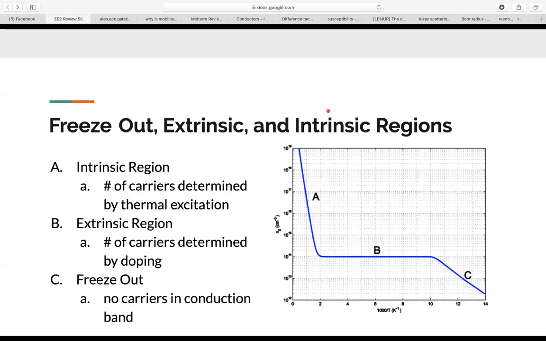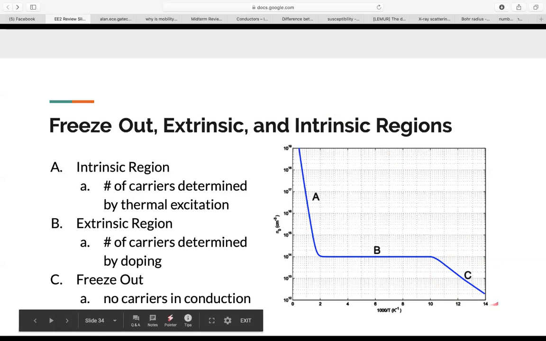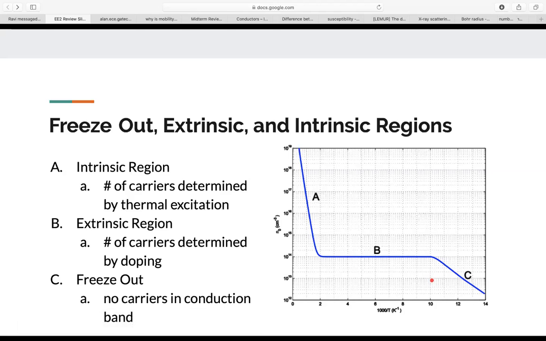If we start at 0 Kelvin, the semiconductor is in freeze out mode, where, as we talked about earlier, there are no electrons in the conduction band, everything's in the valence band, and no conduction is happening. It's essentially a resistor. But that quickly changes as you increase the temperature even a smidgen, to a couple Kelvin, and then you start to enter the extrinsic region.